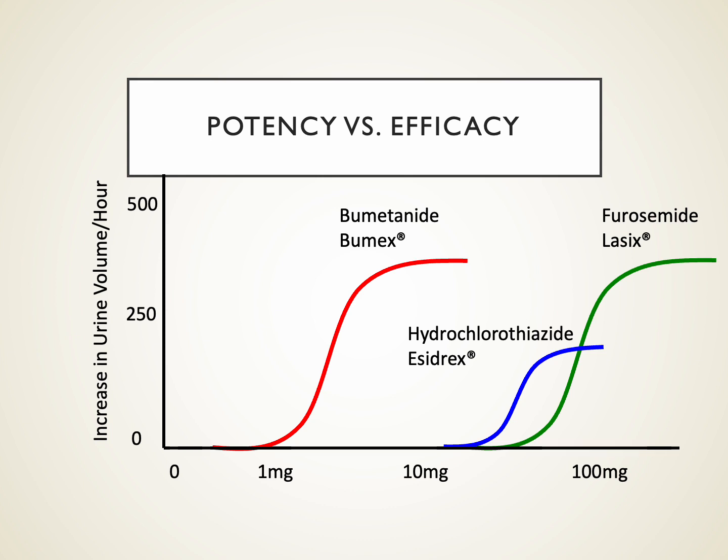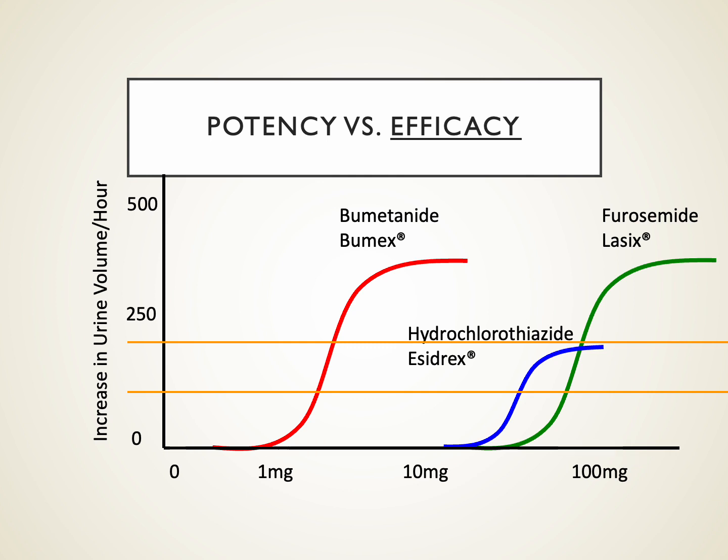So I can't even compare potency because, first of all, the assumption is I have to have equal efficacy to compare potency. The most important issue really is efficacy, and then potency just refers to what dose I have to give to achieve the effect I want.